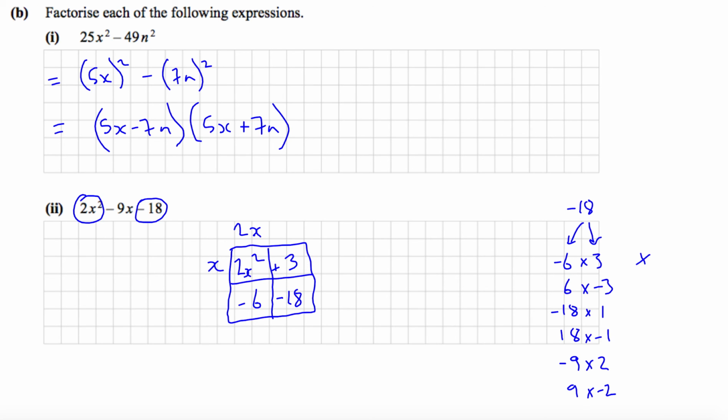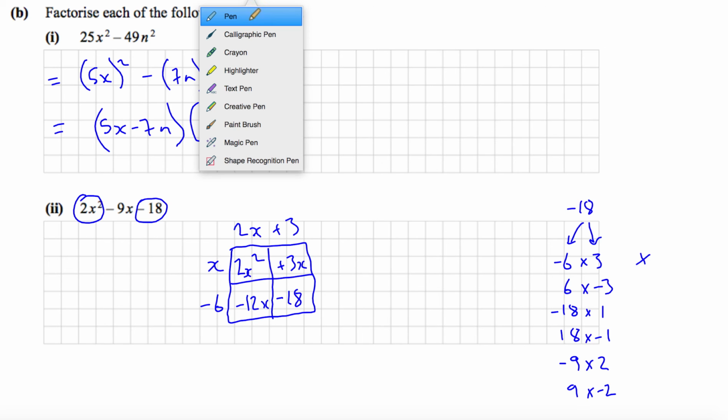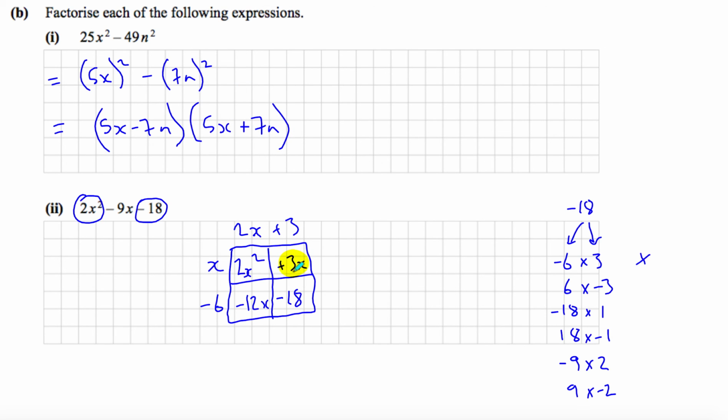Sorry, if we put them on the outside rather, the minus 6 here and the positive 3 there, we can see that that gives us x by 3 is 3x. 2x times the minus 6 gives us minus 12x. What we see then is that the 3x and the minus 12x combined give us the minus 9x.